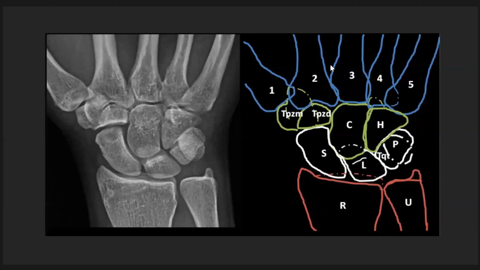As you know, this is the PA wrist view, and the wrist is a complex joint formed by 20 interdependent articulations binding 15 bones: the radius and ulna, and 8 carpal bones, scaphoid, lunate, triquetrum, pisiform, hamate, capitate, trapezoid, and trapezium, and the 5 bases of the metacarpal bones.